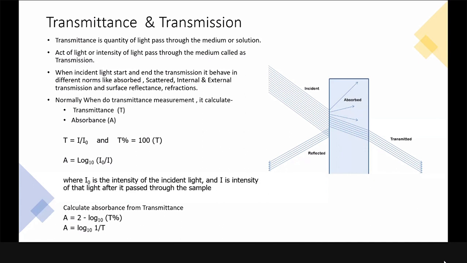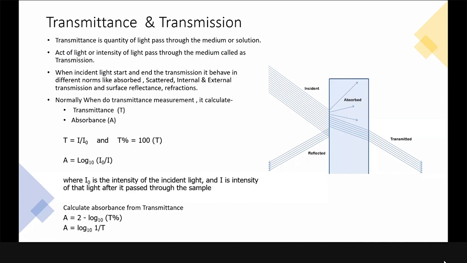We can see the last 5 rays. Whenever transmission is taking place, that kind of activity will be there, a kind of behavior of energy. In the whole process, the transmitted energy, the last 5 blue rays, is what we collect through the detector, and then we calculate the transmittance.